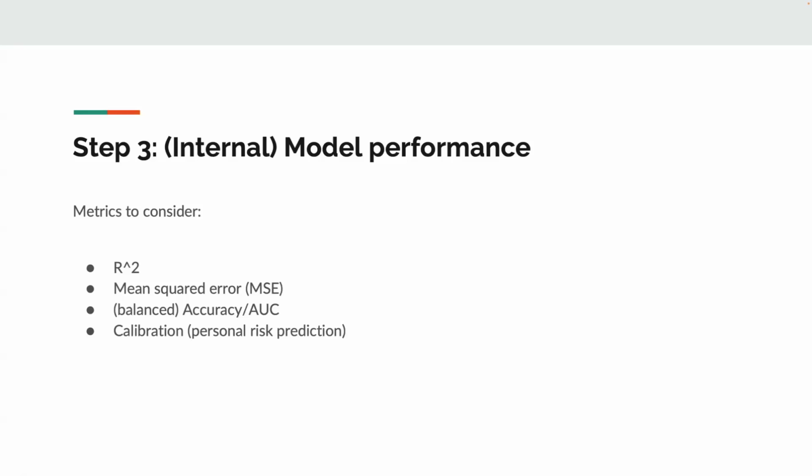What calibration does is it shows us the ratio of predicted risk versus observed risk. So if you have a group of similar people who all have a 10% predicted risk, do 10% of them actually get the outcome? And this is very important when the goal of the prediction model is to interpret this risk. If it is to make a classification, then it's not so important.